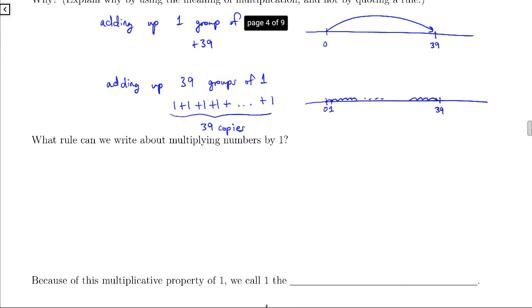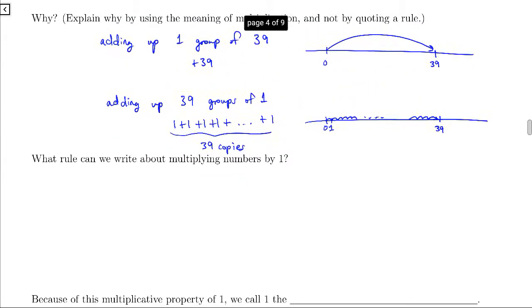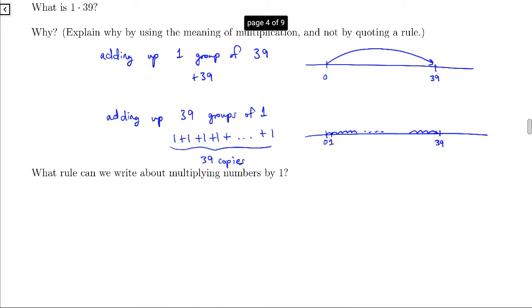I also want to mention, as a side note, multiplying by -1.